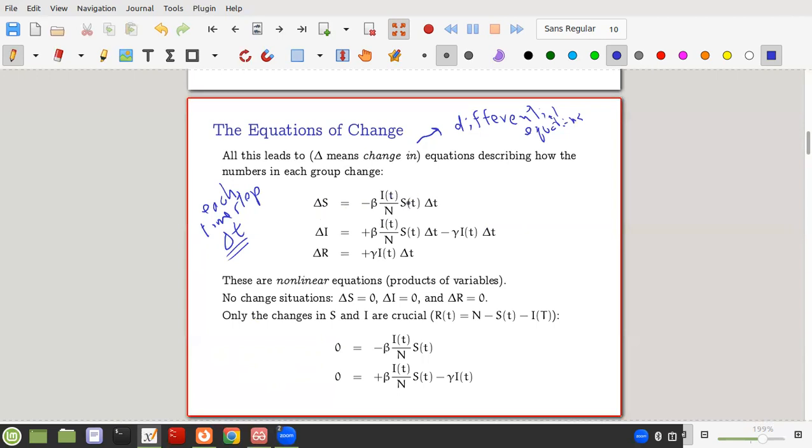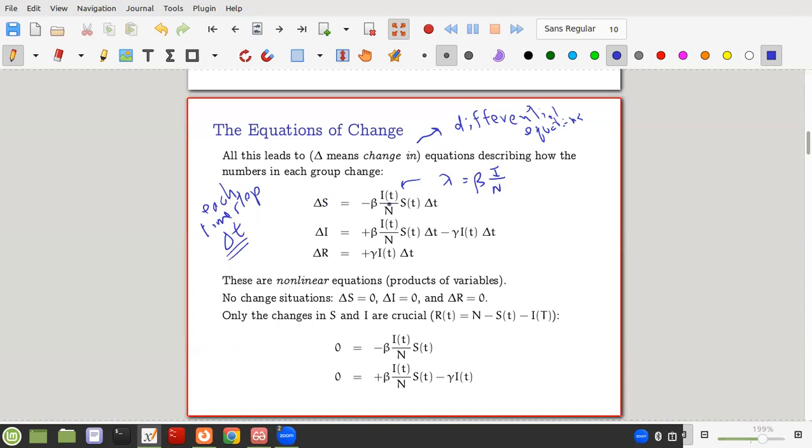And so it is proportional to S. Here's this number lambda. Lambda equals beta I over n. That's the basic assumption. So it's decreasing by this fraction, which has the beta and the fraction of people that are sick. So you can see that for a given population size, the fraction of the total population that's sick is going to increase the number that gets sick. So this tends to decrease S.